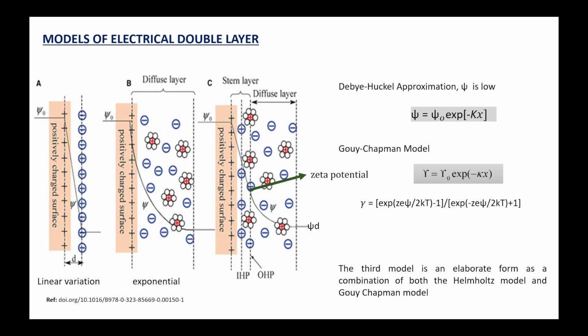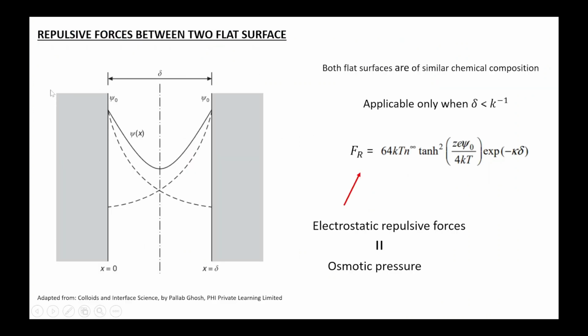So at this end the surface potential will be psi naught, and similarly towards this area also the surface potential will be psi naught.